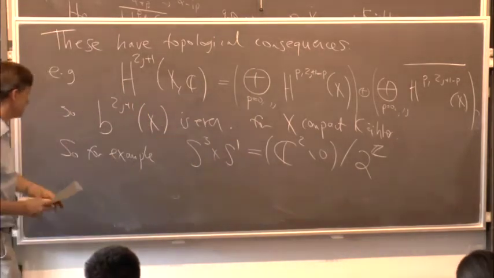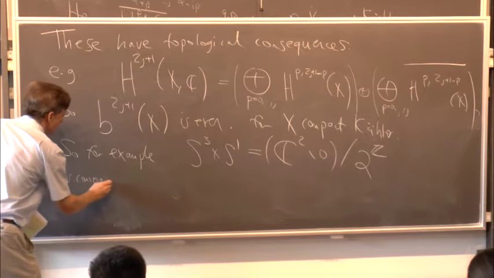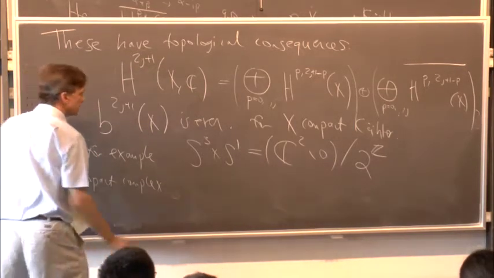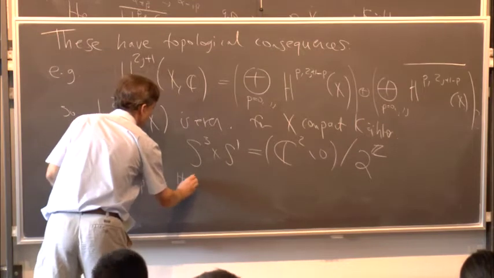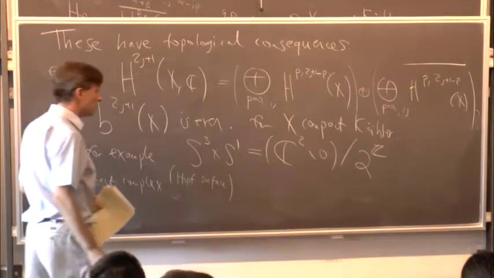This is compact and complex. I think it's called the Hopf surface, with b_1 equals 1.